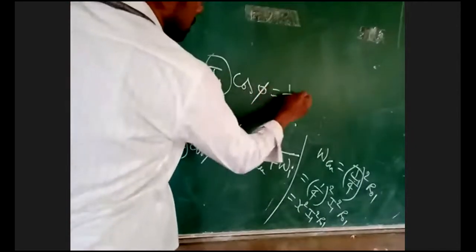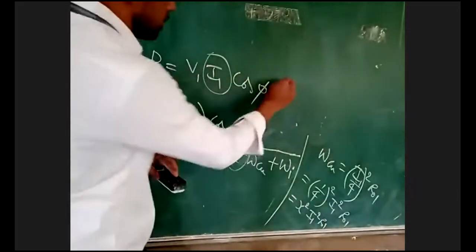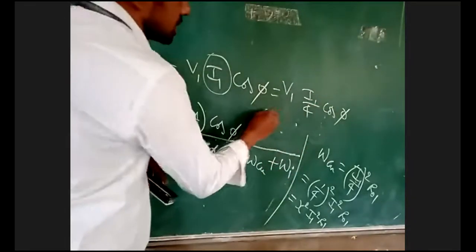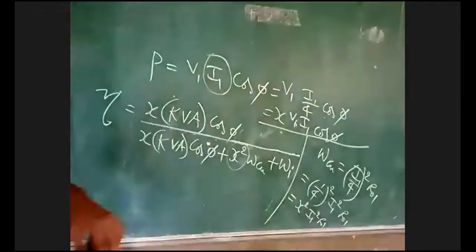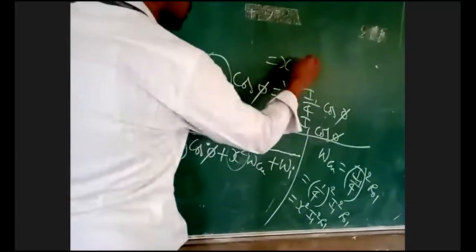If it is 1/4, then V1 into I1/4 cos phi, that is X into V1 I1 cos phi. Current is not squared here, it is only I1, a linear value. 1/4 is X, so X into P. That's why I am taking X.